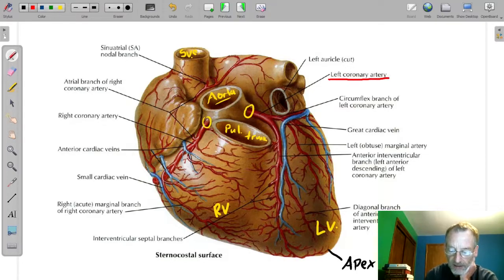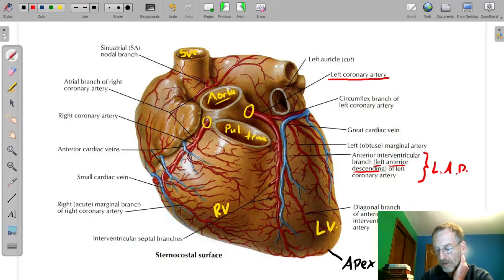And then descending is the anterior interventricular branch, or the left anterior descending, which again you can abbreviate as the LAD. However, if I ask for you to identify that artery on an exam, you need to spell out LAD at least once the first time, so that I know that you know what it stands for.